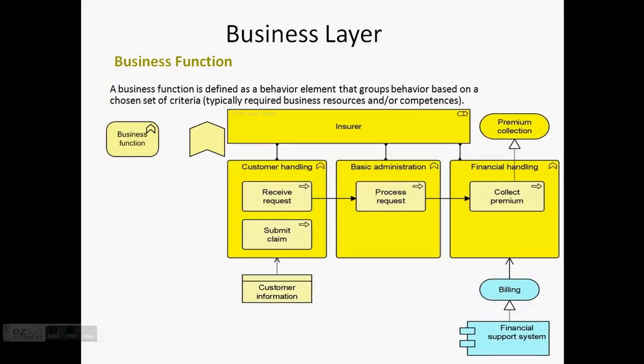However, while a business process groups behavior based on a sequence or a flow of activities that is needed to realize a product or service, a business function typically groups behavior based on required business resources, skills, competencies, knowledge, and so on.